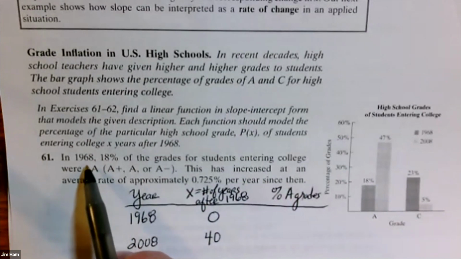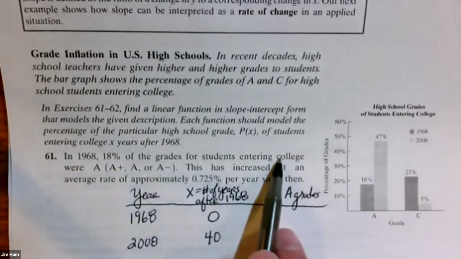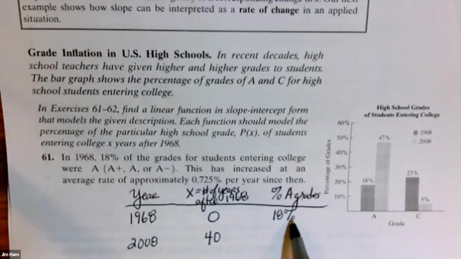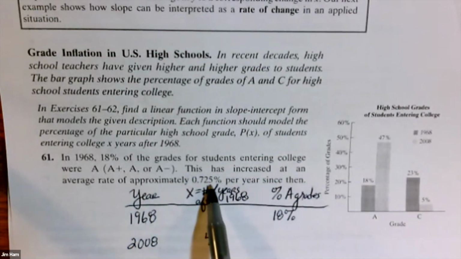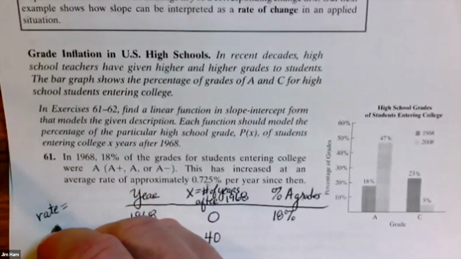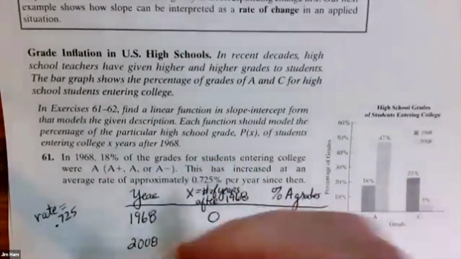It says here in this problem that in 1968, 18% of the grades were A's. So in 1968, 18% of all grades given were A's. This was in high school. And that has increased at an average rate of about, all right, so we have this rate, which is equal to 0.725% per year.